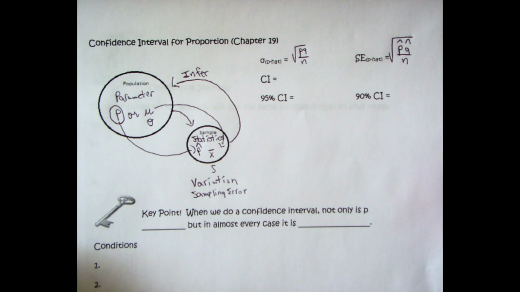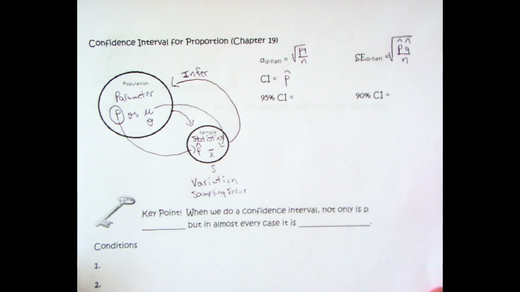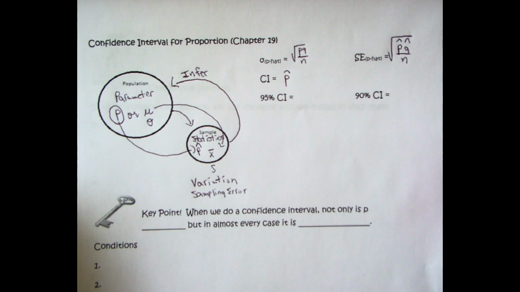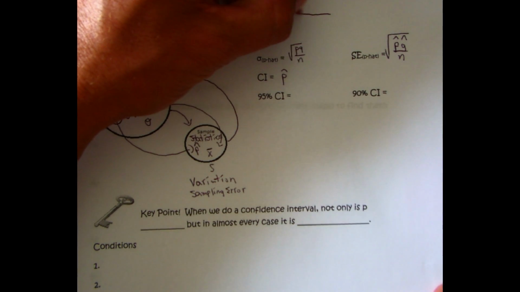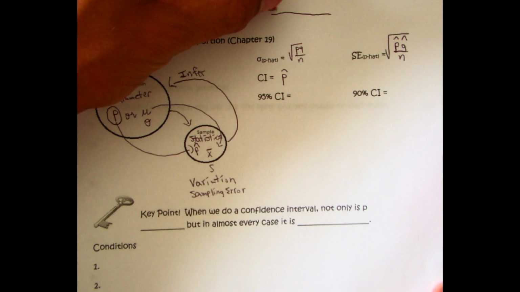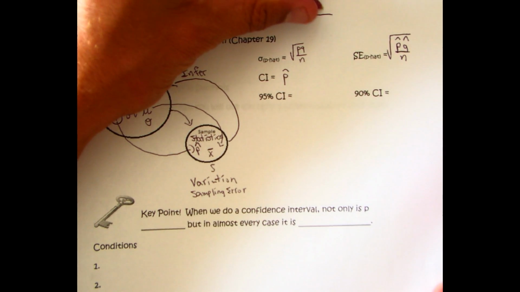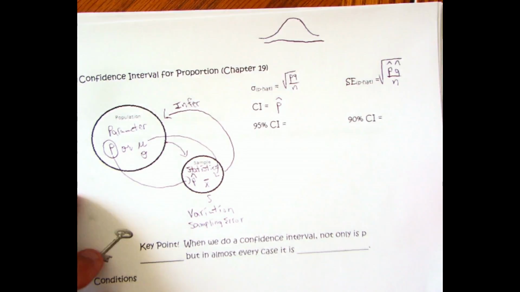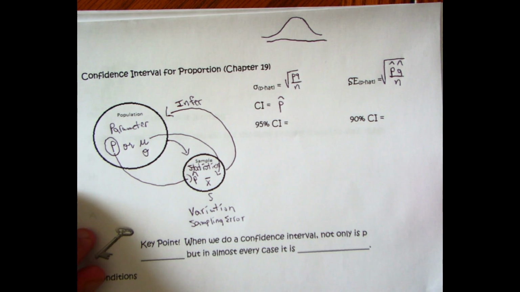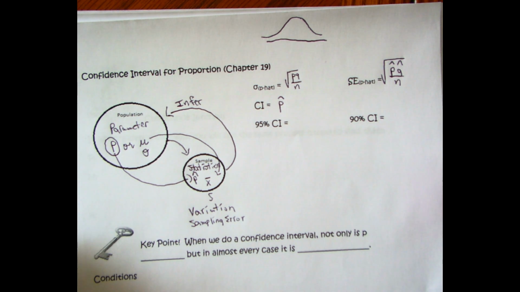So for a confidence interval, we're going to start with p hat. And assuming that we meet our success-failure condition, we know that our sampling distribution is going to be roughly unimodal and symmetric, or fairly normally distributed.